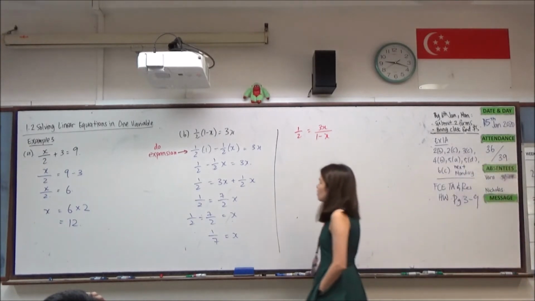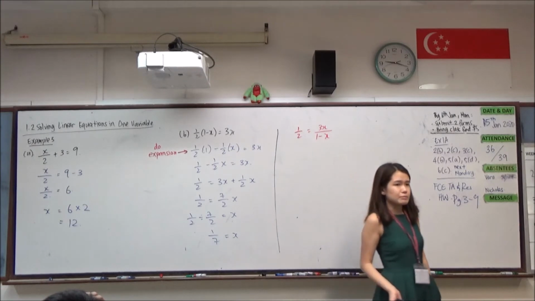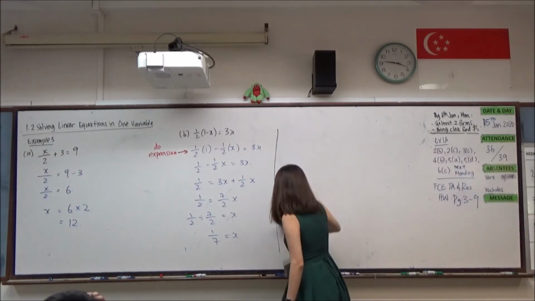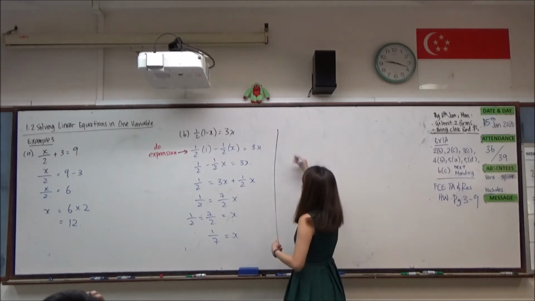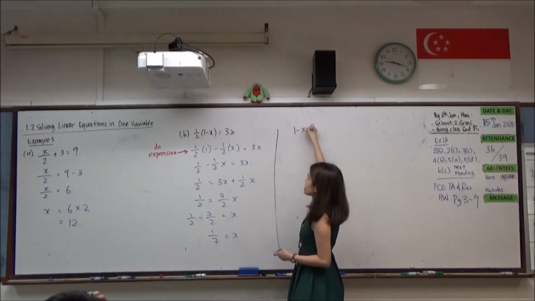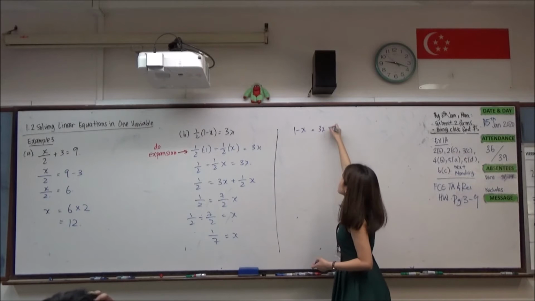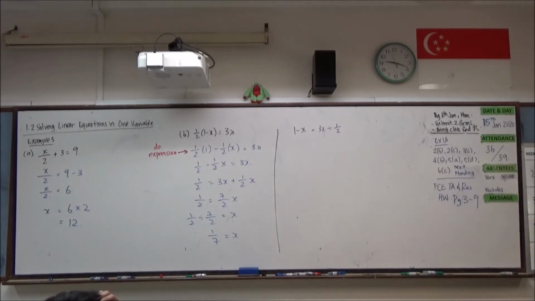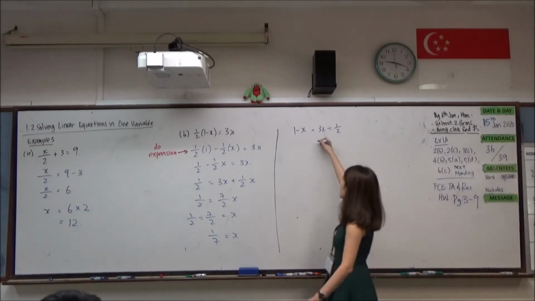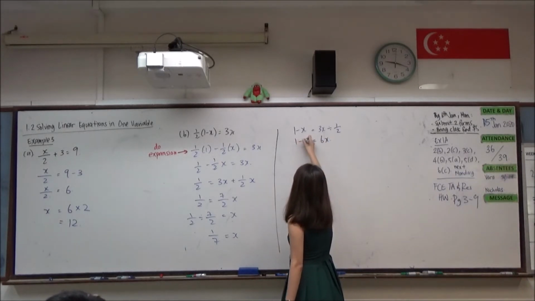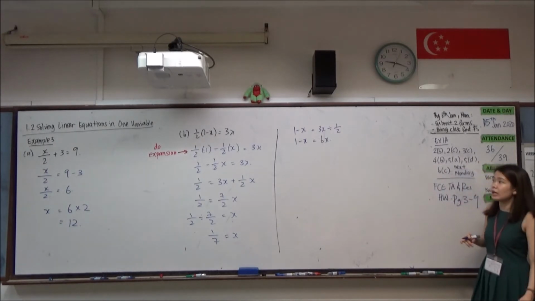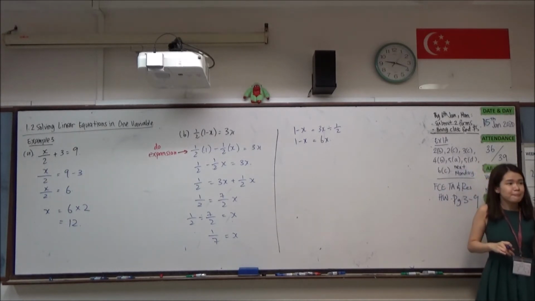So why is it that you're saying times 2? 3x times 2? Because it's a half. So what we could actually do as well is that we leave the 1 minus x behind. We take 3x divided by half. Divided by half is the same as times 2. So that will be equals to 6x. So that's how we actually get 1 minus x equals to 6x.